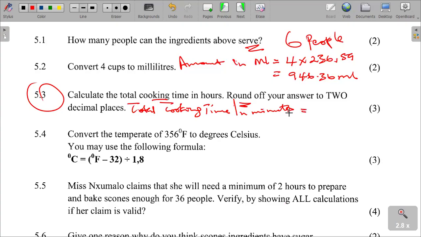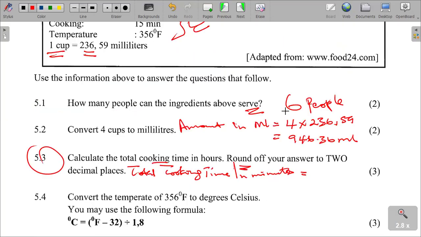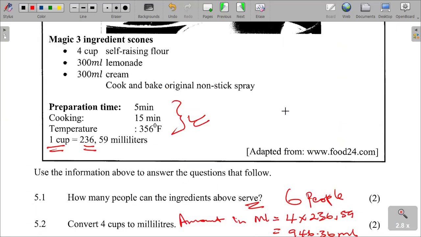How do we calculate that total cooking time in minutes? We are given there that our cooking time is how much? 15 preparation plus cooking time is 15 minutes.